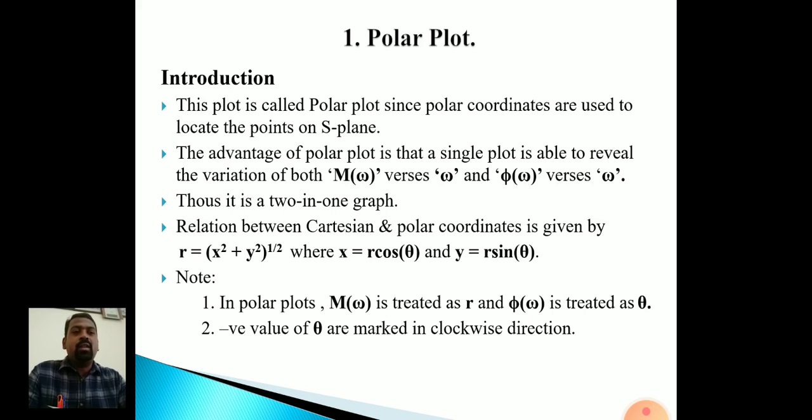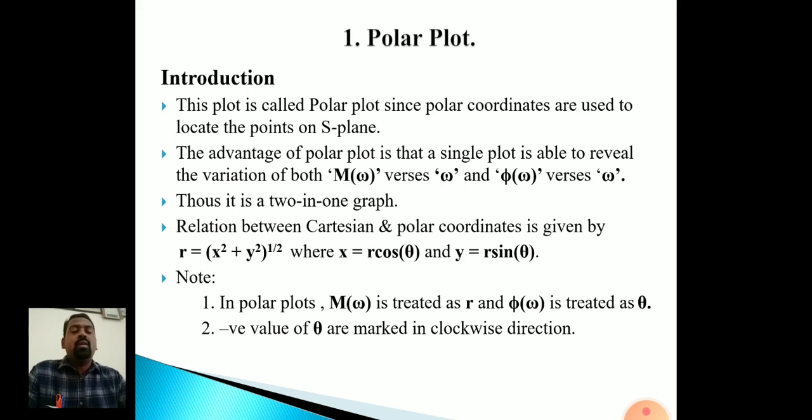So r and theta are the two active parameters in the case of a polar plot, nothing but magnitude ratio and phase angle or phase shift. Here we are going to mark the negative value of theta in the clockwise direction.